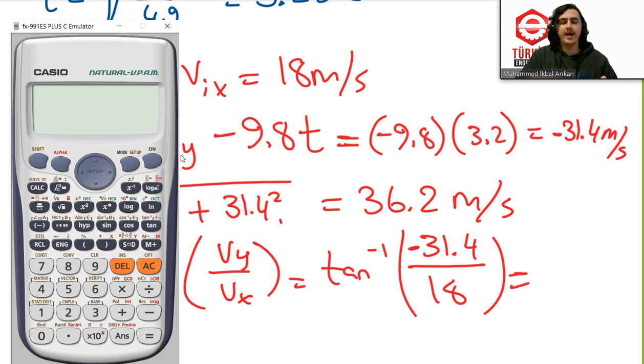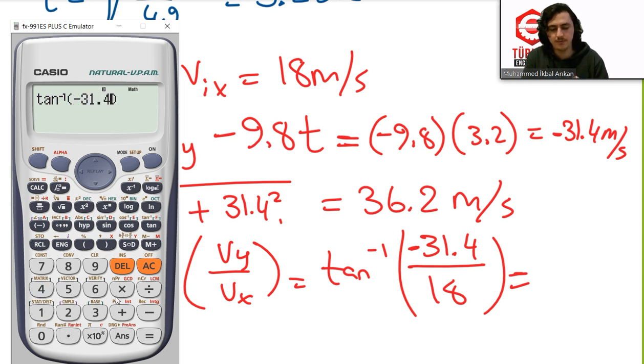That means your angle is not positive like this, it is negative, because you are hitting the ground this way. I will get a negative angle, that means I'm hitting the ground this way. If I get a positive angle, that means I cannot hit the ground this way, but I must hit the ground this way, so I must get a negative value.